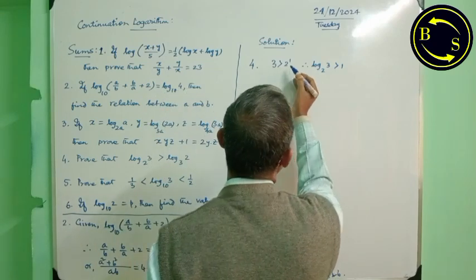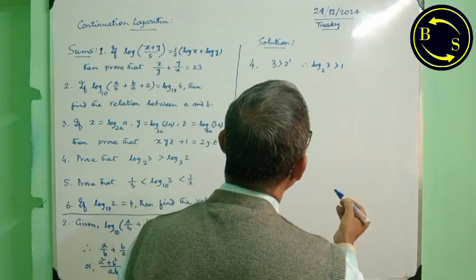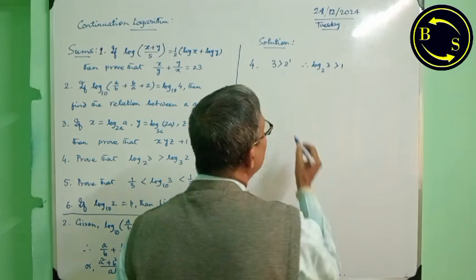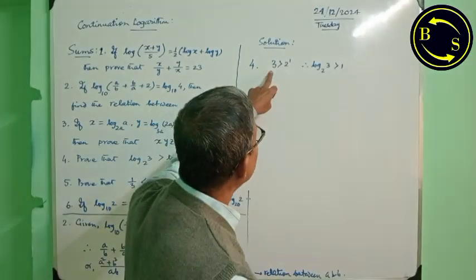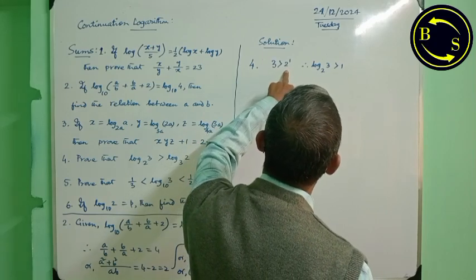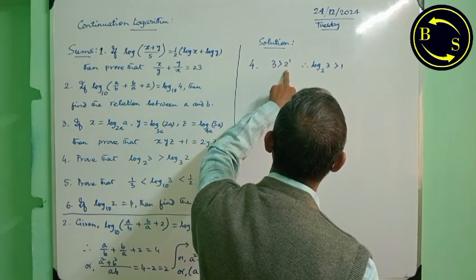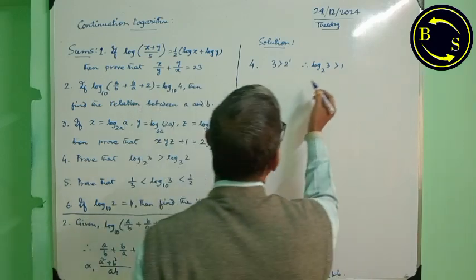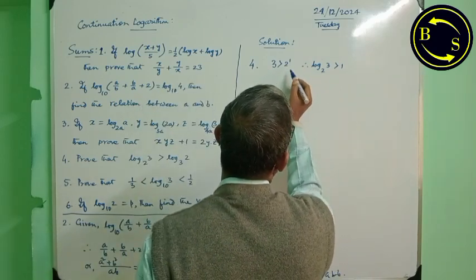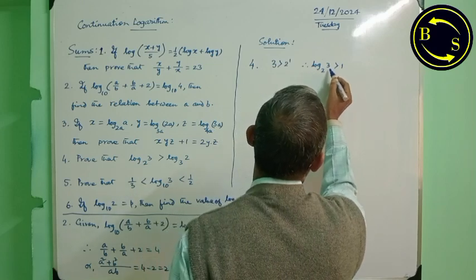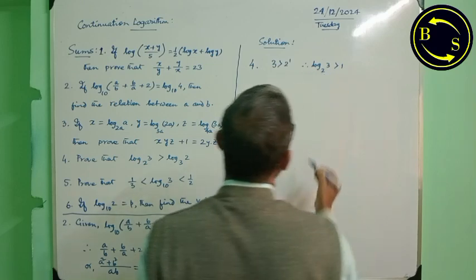The right side is expressed in the index form 2 to the power 1. Also, taking log of both sides, log 3 greater than log 2. Also 2 to the power 1 is less than 3, we can write log of 3 to the base 2.